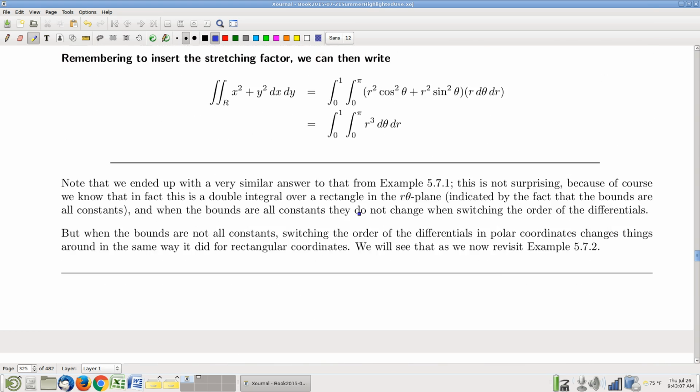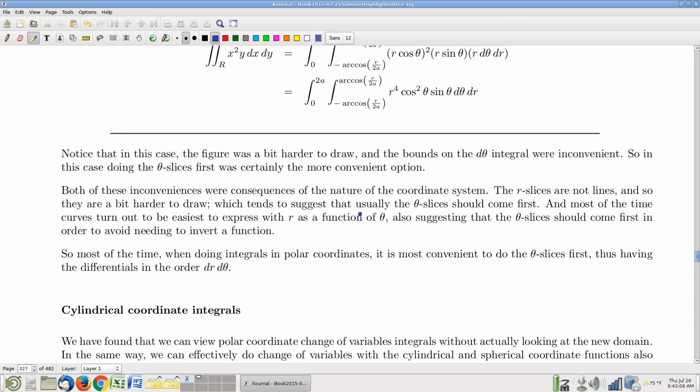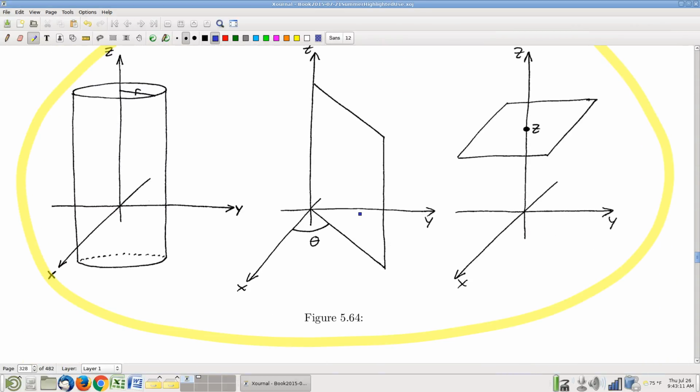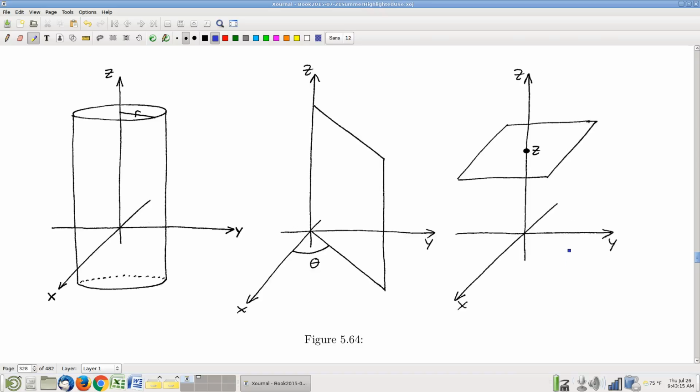So here's what coordinate slices look like in, where am I? There we go. This is what slices look like for cylindrical coordinates as seen in rectangular coordinates. A constant value of r, otherwise known as an r slice, is a cylinder. Constant value of theta is a half plane hinged on the z-axis.